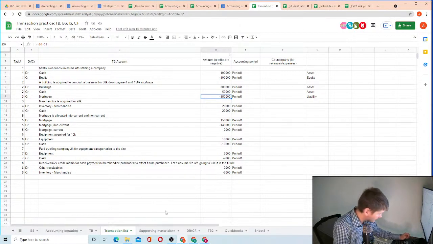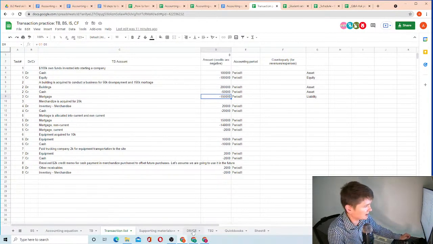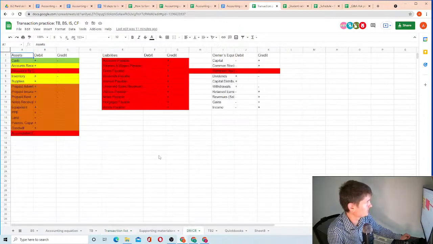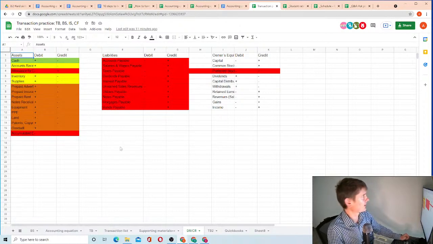And for that, you can go to the debit and credit tab in the same file where we have the transactions. It is a nice colorful tab. And what we have here is the same accounting equation.